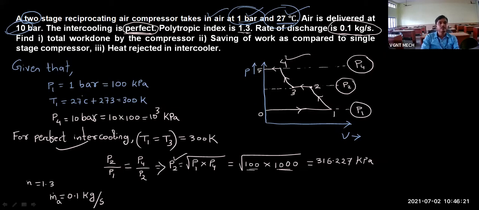Next, we have to find out the total work done by the compressor. Second point, we have to find out the saving in work as compared to the single stage compressor, and the heat rejected in the intercooler. These 3 points we have to calculate. So one by one we will discuss. First point is total work done by the compressor.